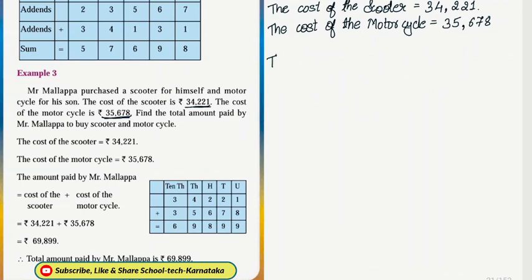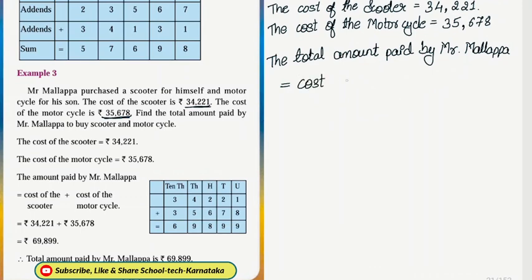The total amount paid by Mr. Mallappa is equal to cost of the scooter plus the cost of the motorcycle.